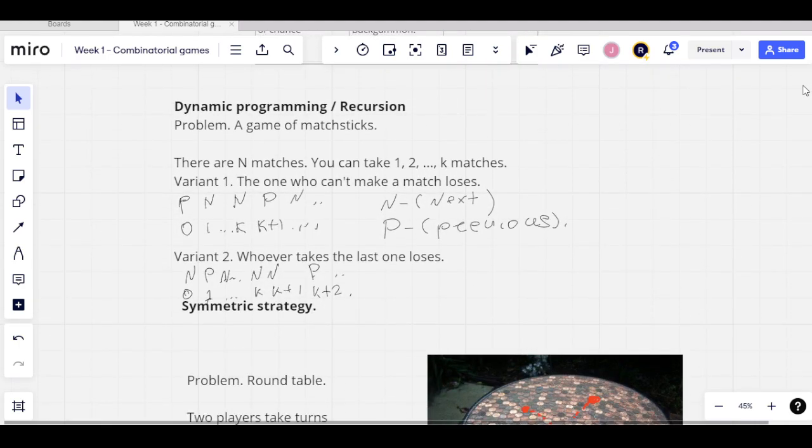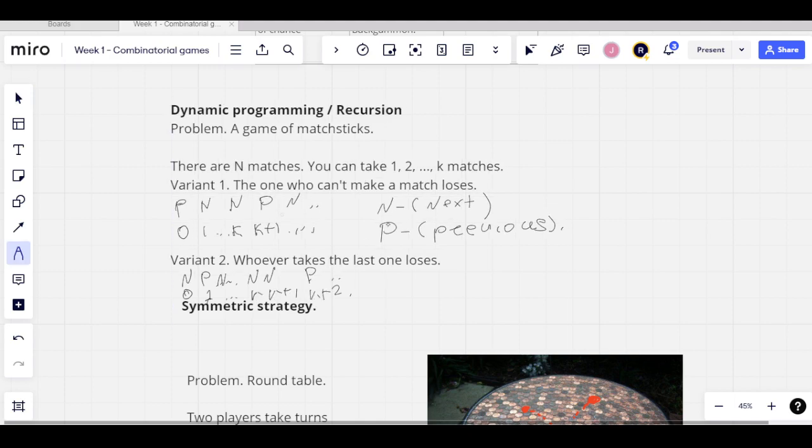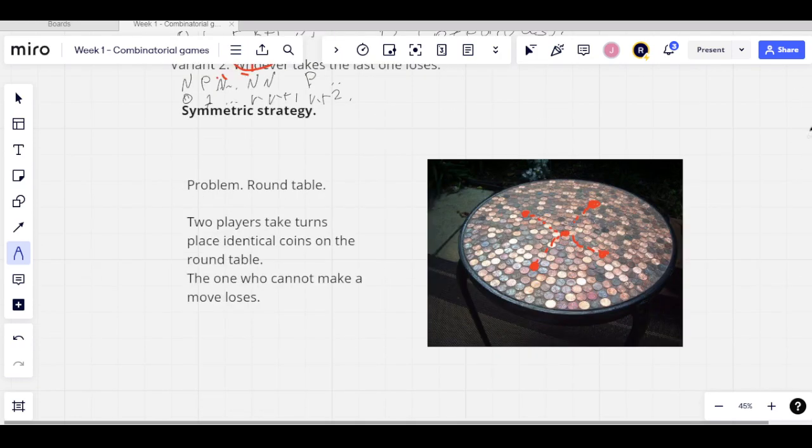Well, that's obvious. In this game we have, for example, this edge, this edge, this edge, and so on. We have k edges, and we can move in any position.